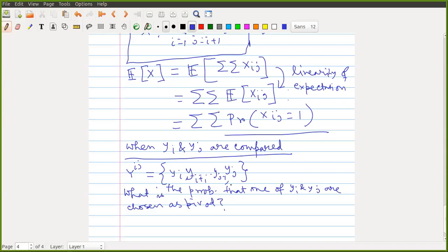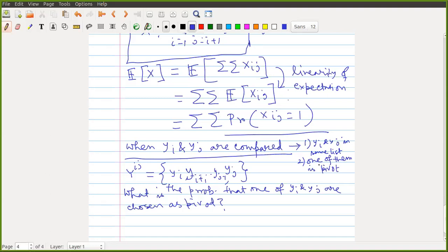Do you understand this part? y_i and y_j are only compared when they both belong to the same list, and one of them is chosen as pivot. So there are two conditions: y_i and y_j in the same list, and one of them is the pivot.